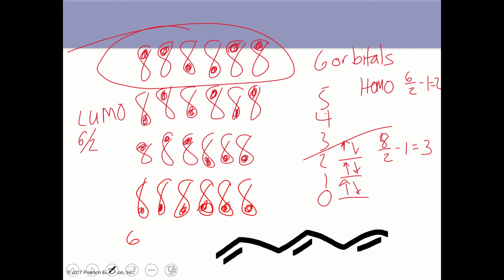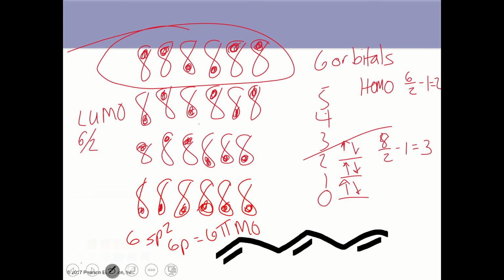Okay, so 6 sp2, which means 6 p orbitals, which means 6 pi molecular orbitals. We start at the bottom, where we have all orbitals in phase. You move up one, and you should have one node.